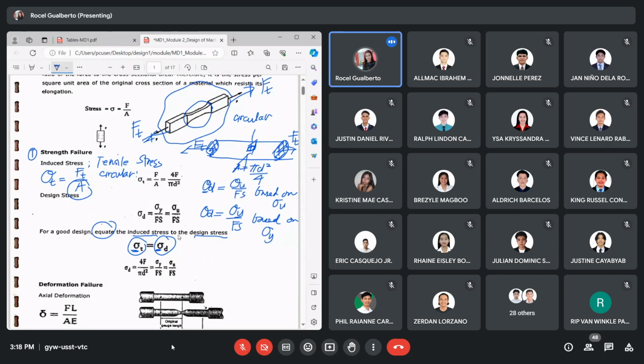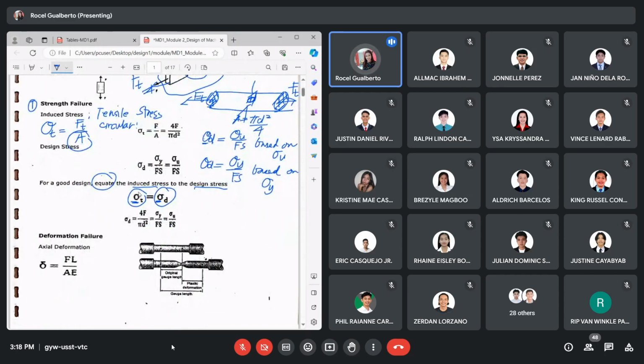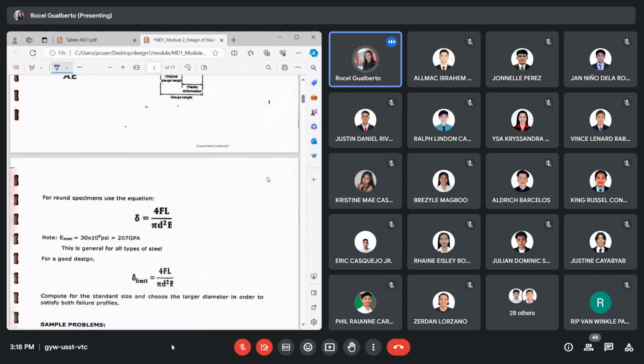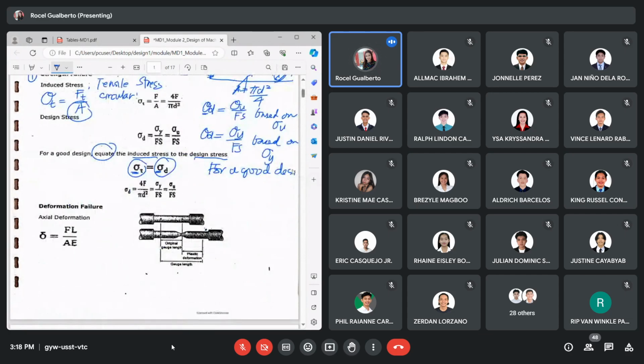Now, ibalik po natin doon sa equation. You need to equate the design stress to the induced stress of the material. So, say for example, for a good design, sigma D is equal to your tensile stress. Say for example, yung tensile stress natin, circular, katulad nung nakita po natin kanina, then the tensile stress will be equal to 4F over pi d squared.